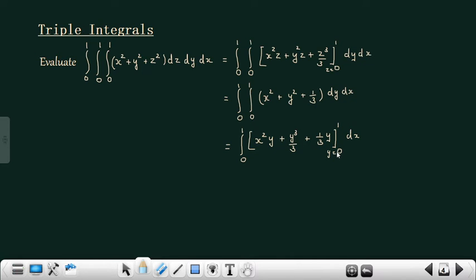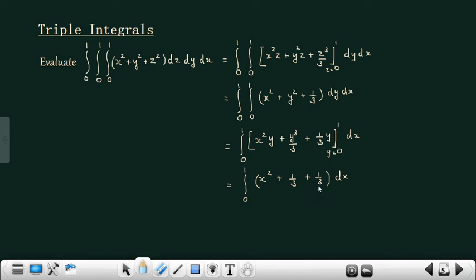Giving the values for the limits, we have x squared into 1 minus 0, plus 1 by 3, plus 1 by 3 into 1. So it is the integral of x squared plus 1 by 3 plus 1 by 3, which becomes 2 by 3.